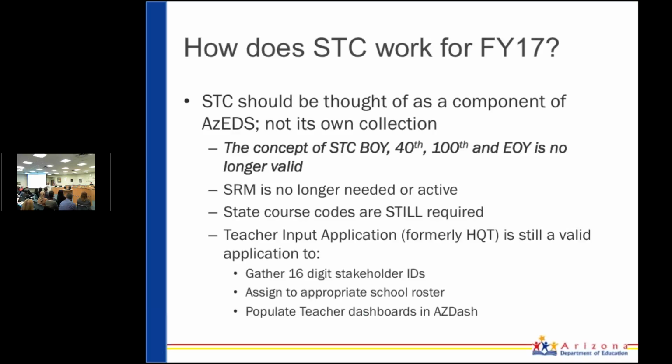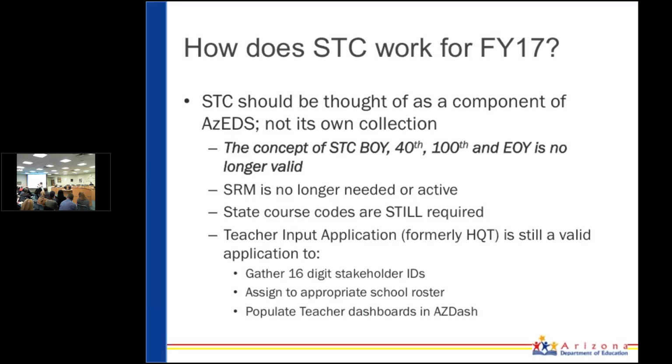Okay. And I still also get, and this is a valid question, hey, what about the concept of beginning of year and 40th day and 100th day? And when am I supposed to do that? Well, there is no concept of that anymore because it just flows in, right? The reason why we had the 40, 100, and end of year last year is because that's when we would stop a collection and then we would upload it into DASH.